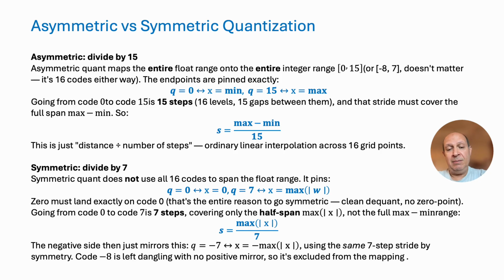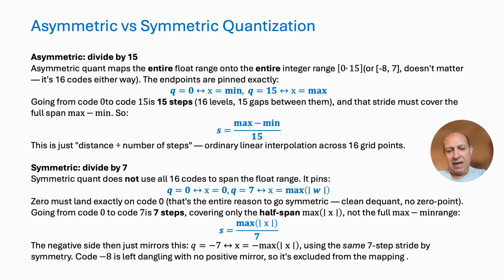We still have the same alignment, so where the real value is equal to 0, this lands at quantization level 0, while the maximum, and we see this in absolute value because the value here, W or X or whatever, can be negative or positive, but in either case, it aligns to either 7 or -7 on both sides of the spectrum of the interval.